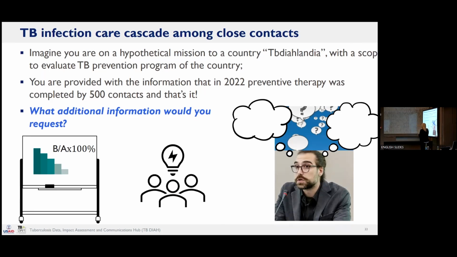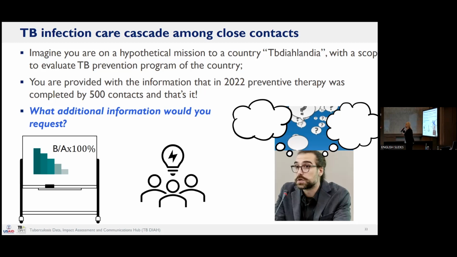So imagine you are on a hypothetical mission to a country in TB DIAH, with the mission to evaluate the TB prevention program. We are provided with only one piece of information, that in 2022 preventive therapy was completed by 500 contacts, and that's it.